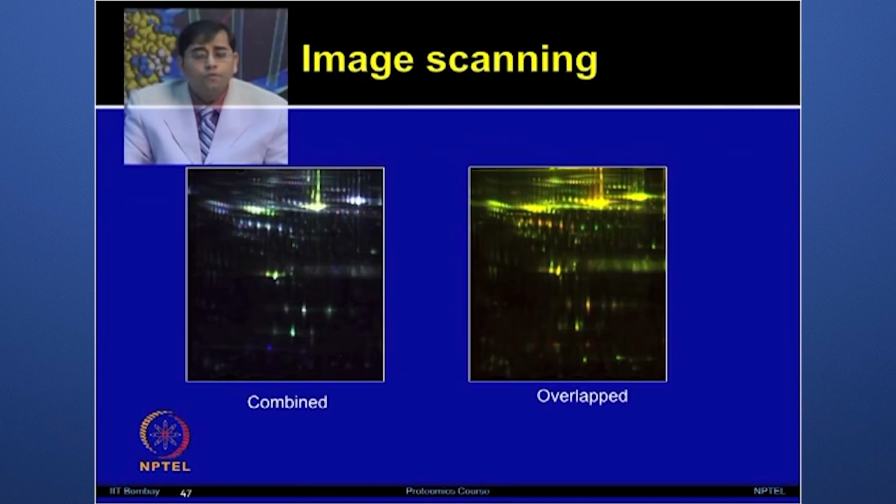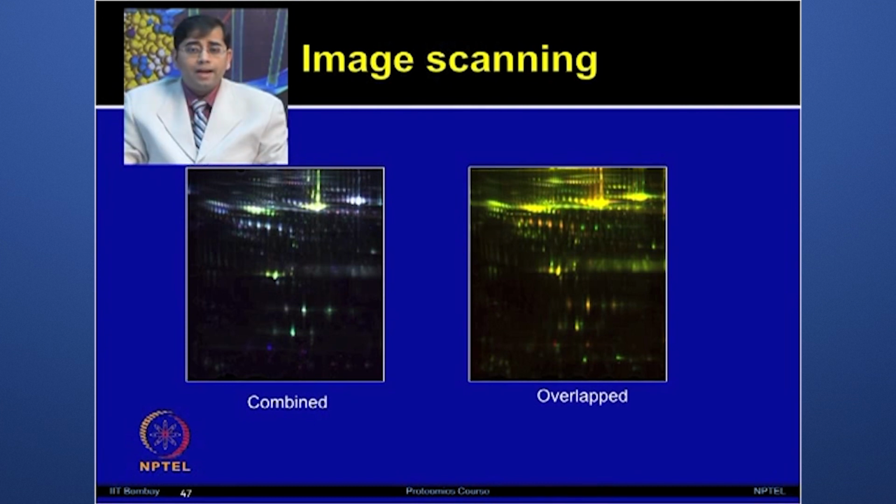Software also generates the combined image obtained from mixing all the 3 dyes, and the overlapped image which shows you the abundance of certain proteins. The red and the green are indicative here. In the overlapped image, red and green are indicative of over and under expression, or upregulation and downregulation, and the white or yellowish color represents that there is no change.